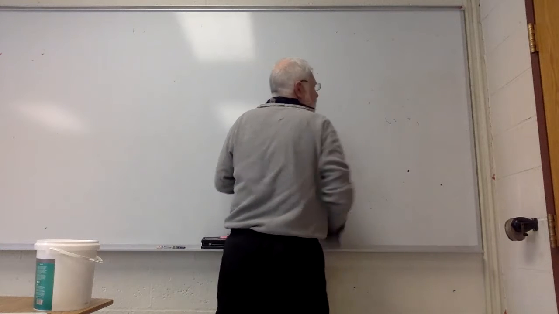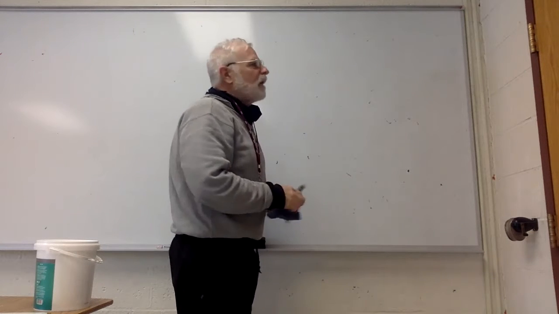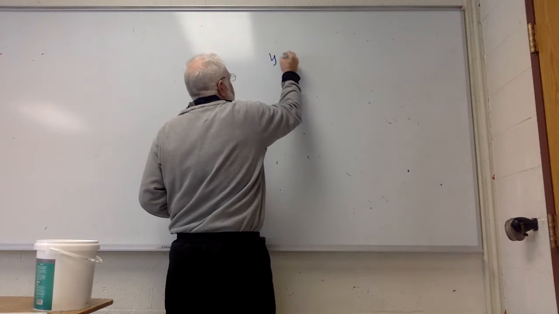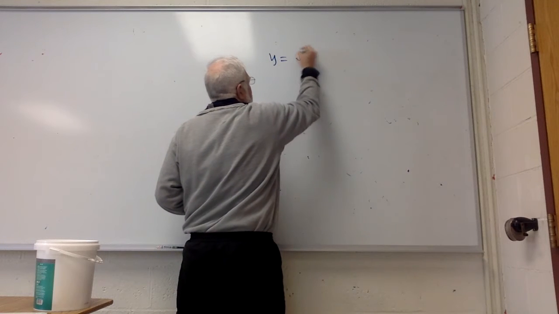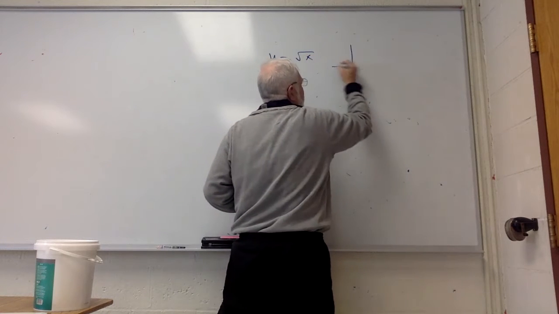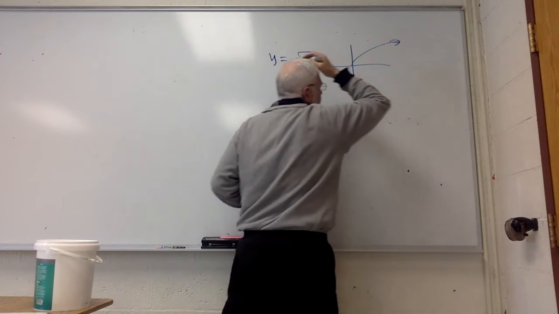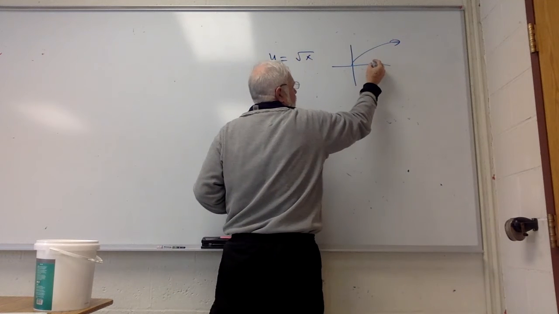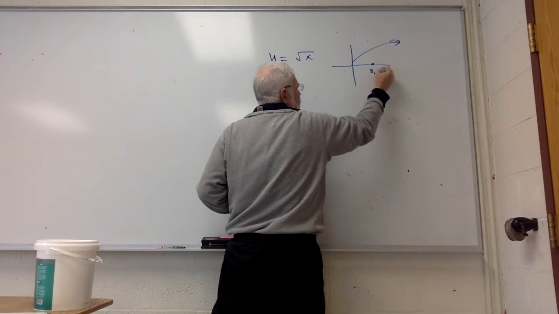Well, let's start with a function square root of x. Let's get a little look-see at that. Square root of x. And I would like to find the shortest distance.